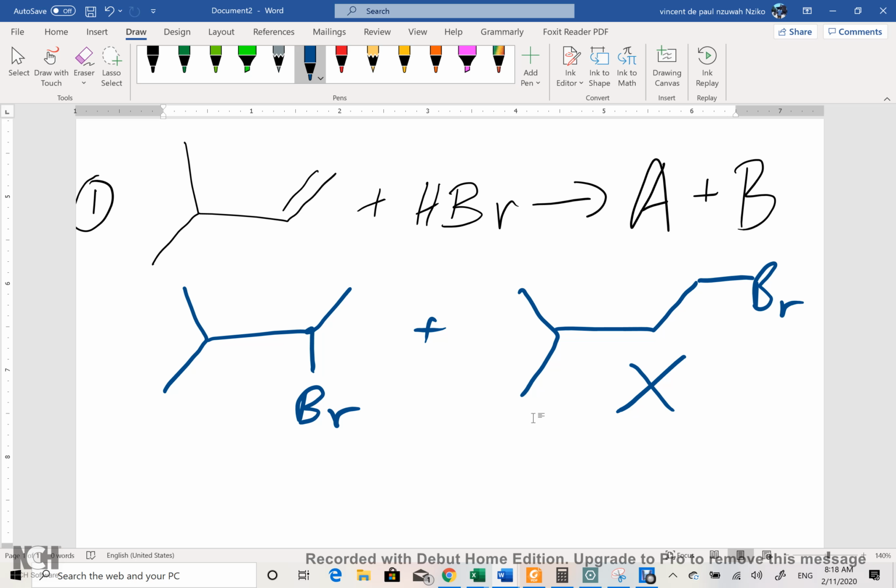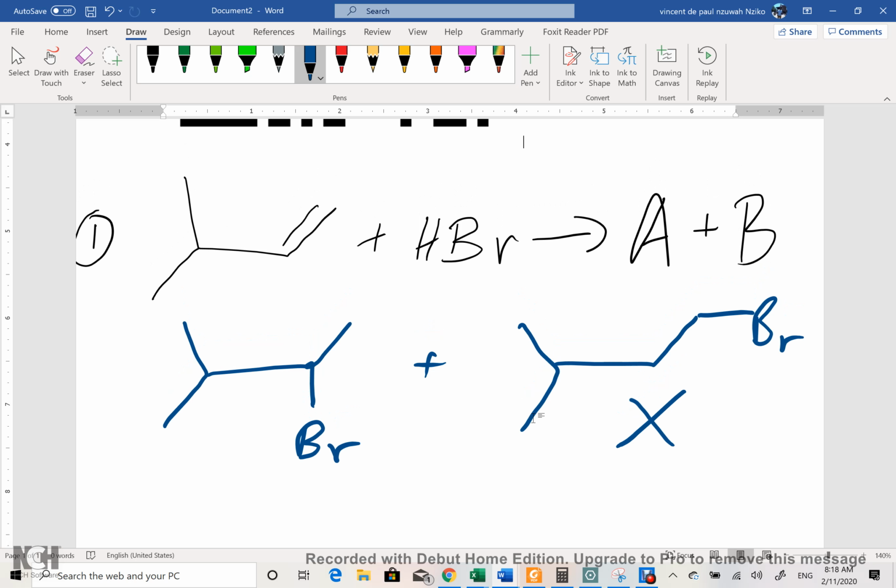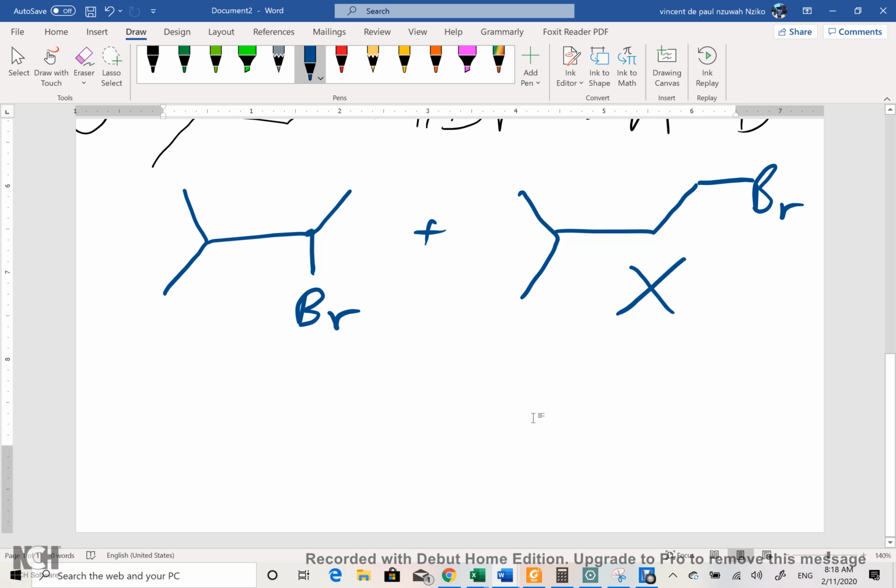But if we look at the detailed mechanism, that's what I asked you guys to do, the mechanism for this reaction. What's the first step for the mechanism? Formation of the carbocation.